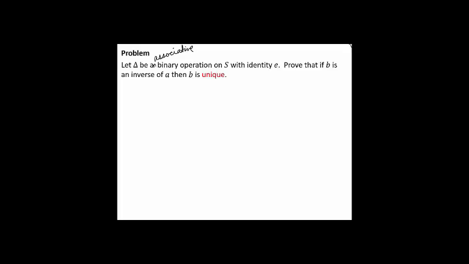So the first thing we have to do, according to the tip that I gave you on the last couple slides, to prove uniqueness, is suppose that there is some element that has more than one. So let's suppose there is an element A in S that has more than one inverse.